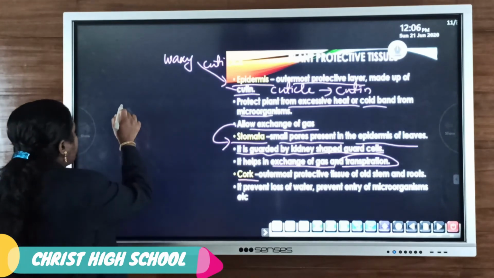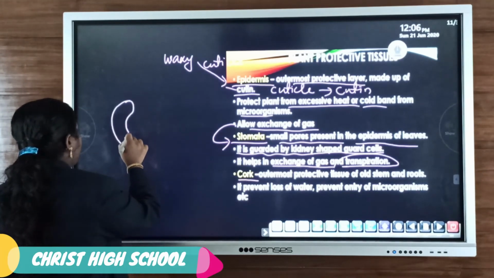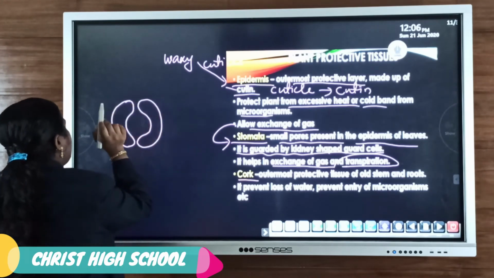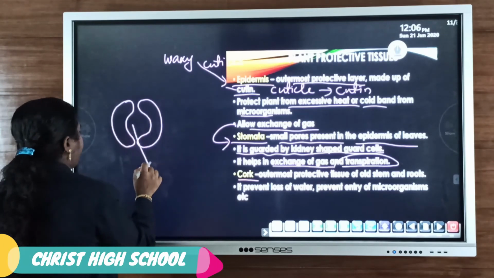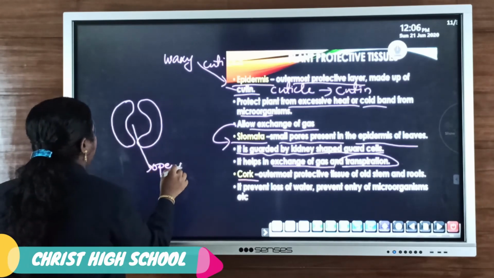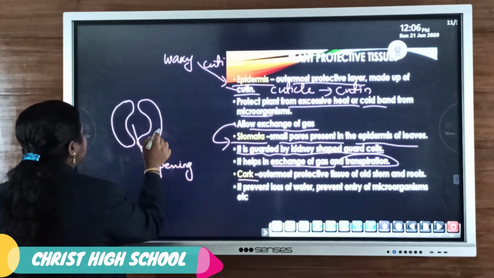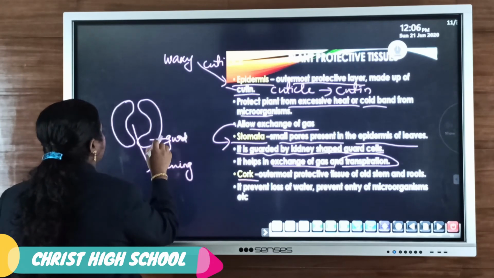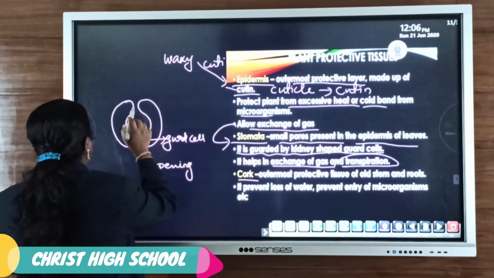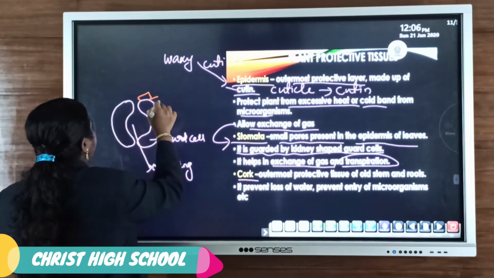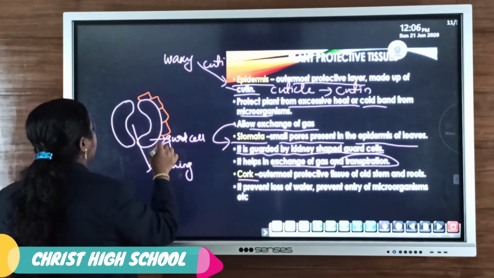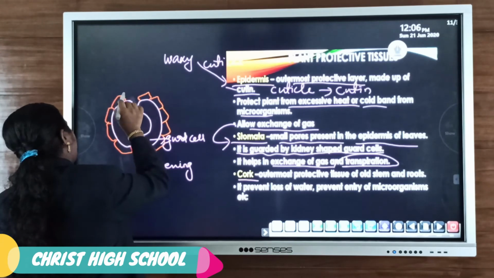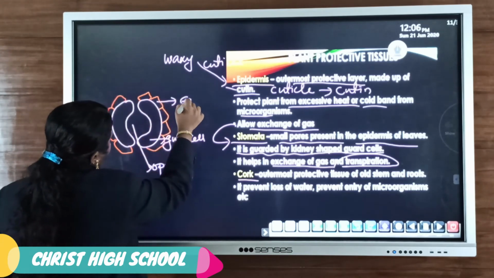Stomata means two kidney shaped cells. This is the stomatal opening, and these kidney shaped cells are known as guard cells, and these are the epidermal cells, the outer protective covering which forms the epidermis.